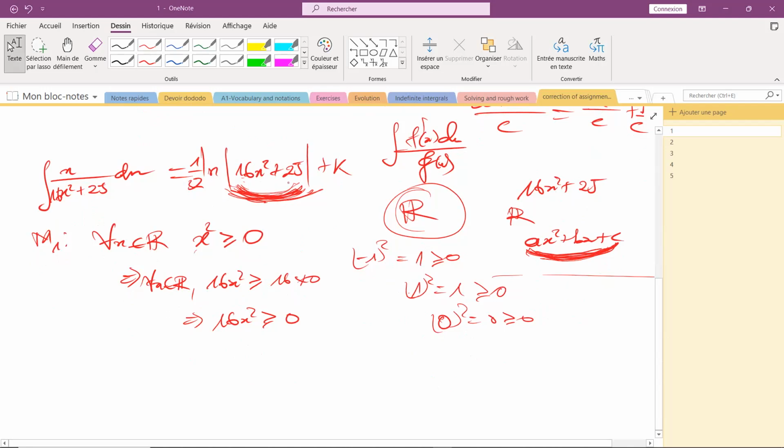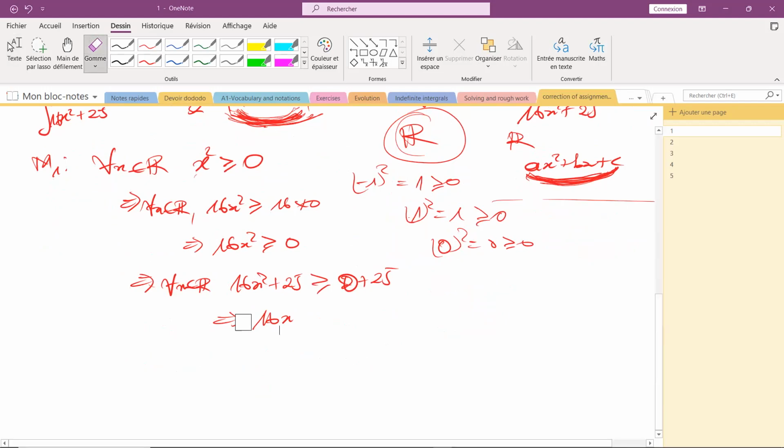Now, what do we have to do? We have to add 25 to this 16x squared. This implies for all x belonging to the set of real numbers, 16x squared plus 25, adding 25 to both sides, will be greater than or equal to 0 plus 25.